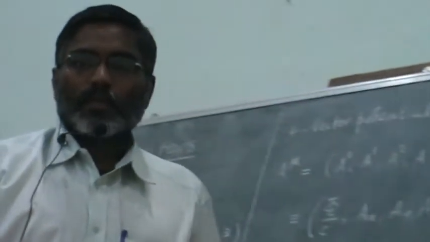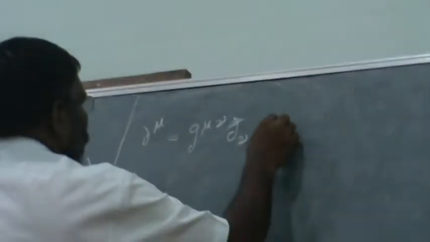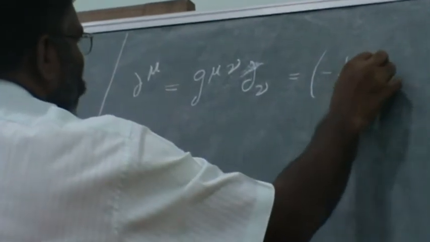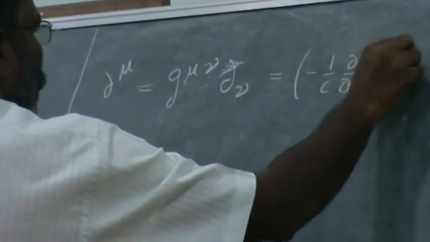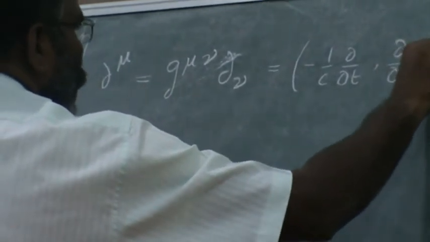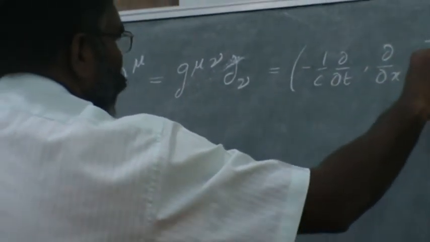By multiplying dou_ν with g^{μν}, I will get dou^μ, which is essentially minus 1 by c into dou by dou t, dou by dou x, dou by dou y, and dou by dou z.